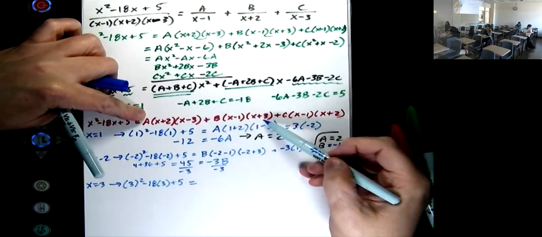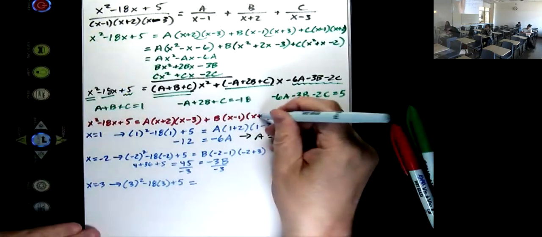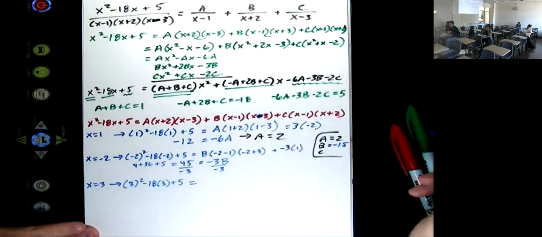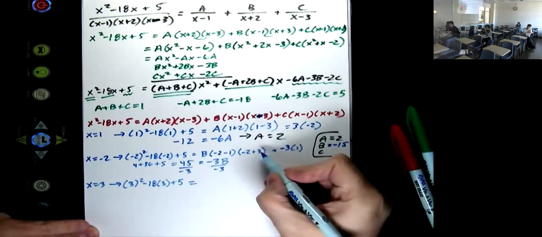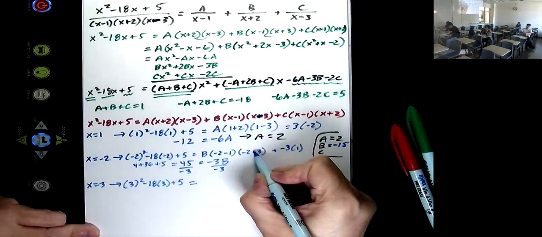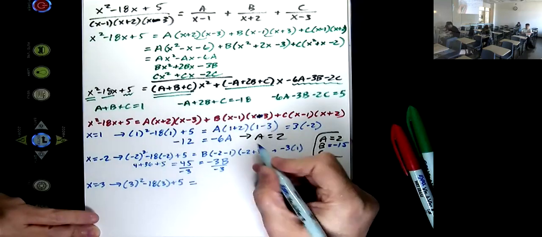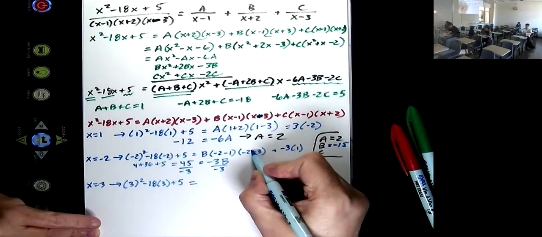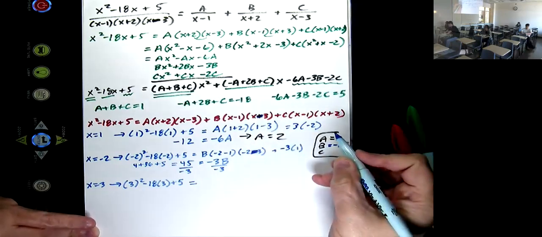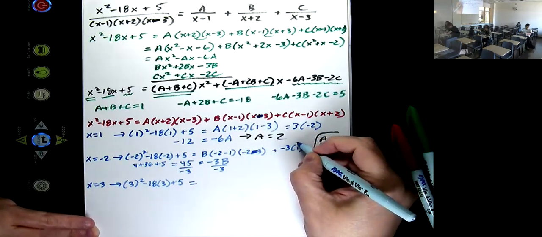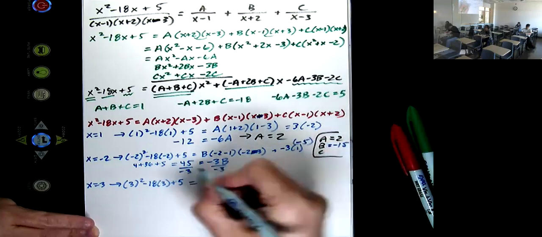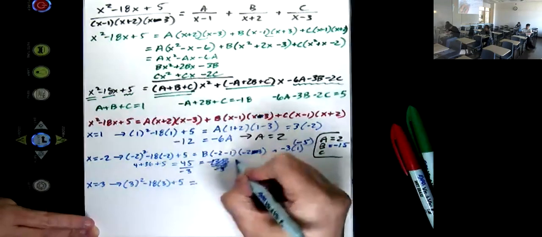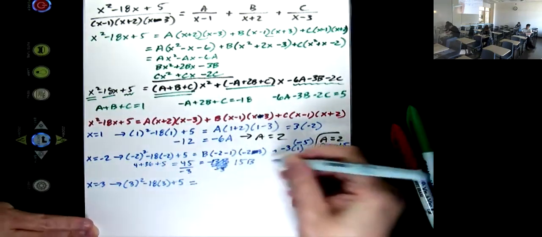It will zero out, that should have been a minus sign right there. Oh, damn, that's going to mess things up. So this was negative 3 times negative 5. So that was 15. That changes things. So B equals 3.